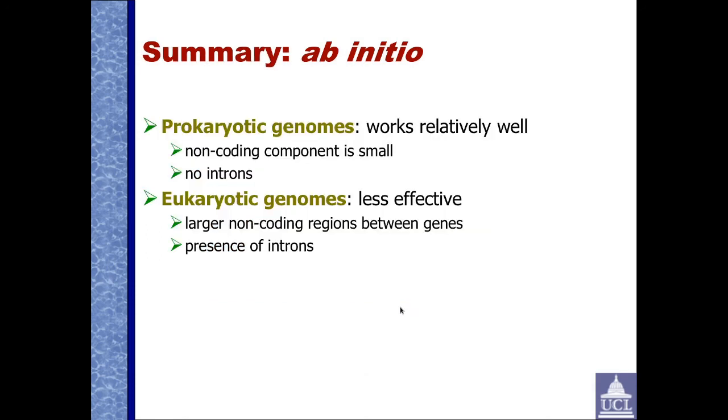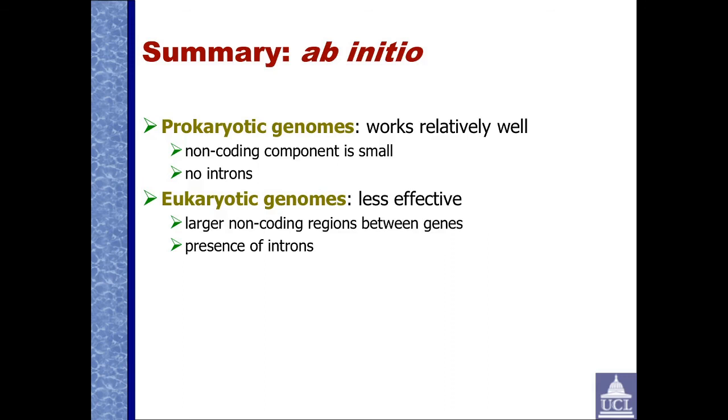So summarising then the ab initio prediction, for prokaryotic genomes it works relatively well. The non-coding component is small, there are no introns, it's really quite straightforward to produce a reliable prediction. For eukaryotic genomes it's less effective.